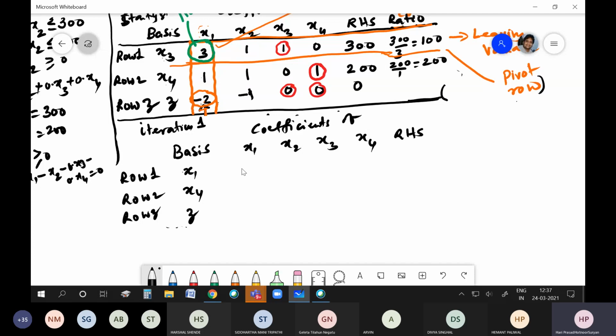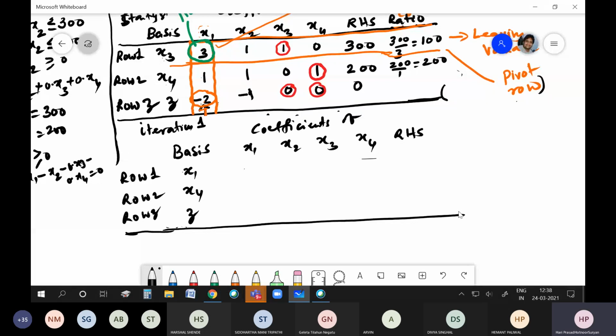When we fill up this table, the values should satisfy the two conditions which I wrote before, which a simplex table should satisfy.